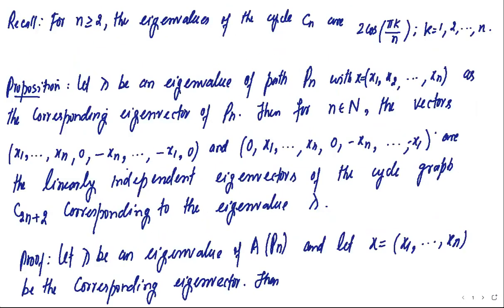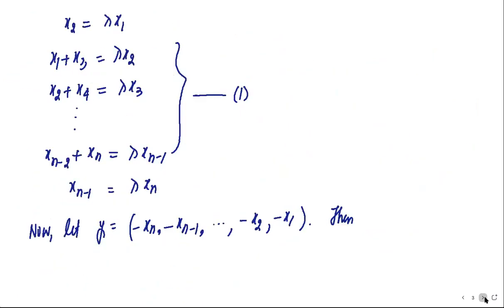Now actually what we have to show is that this vector is an eigenvector of C2n plus 2, and this vector is also an eigenvector of C2n plus 2, and these are the two linearly independent eigenvectors of C2n plus 2 corresponding to the eigenvalue lambda.